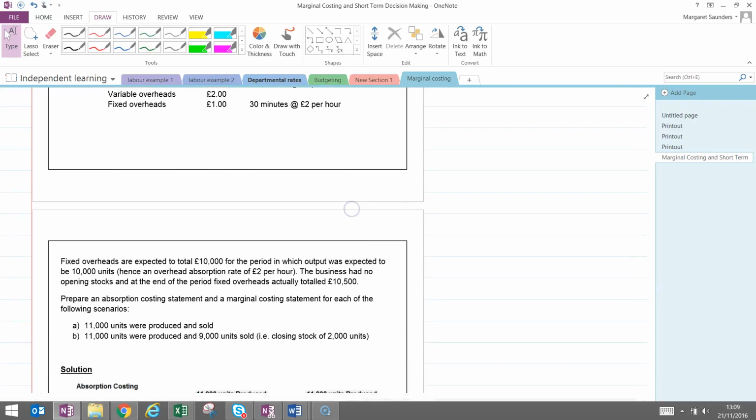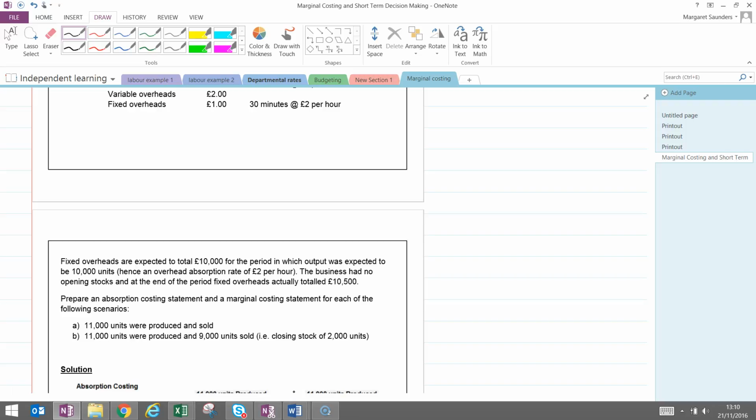We're told fixed overheads are expected to total £10,000 for the period, and in that period output is expected to be 10,000 units. The business has no opening stocks, and at the end of the period fixed overheads actually totalled £10,500.